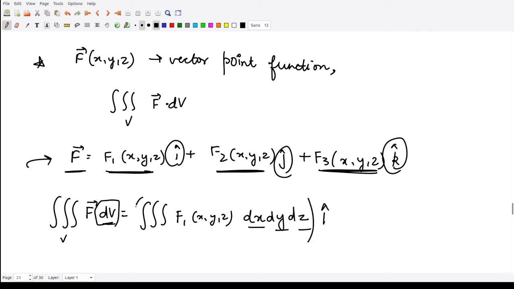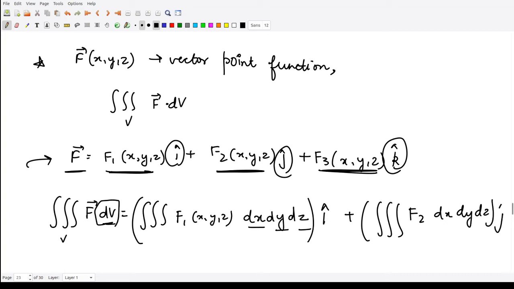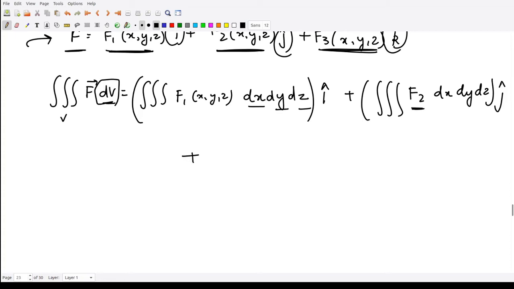So this is your first component. For the second component, it would be the integration of the function f2 dx dy dz times j cap, right? This is also a function of x, y, z. And then plus the third component, the integration of f3 dx dy dz, and this is defined for the component k cap vector. So this is how you calculate volume integrals.